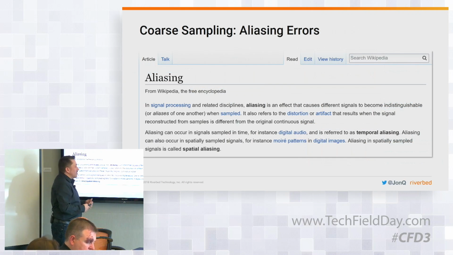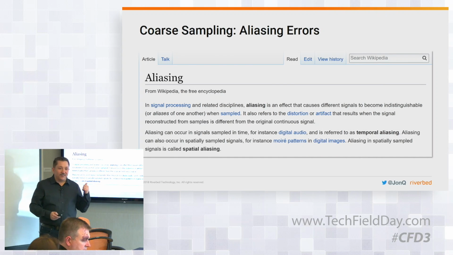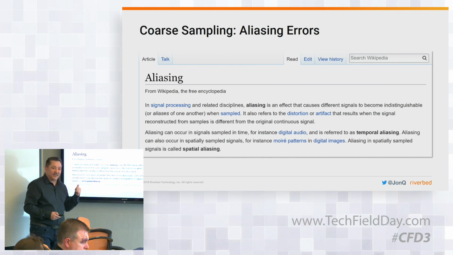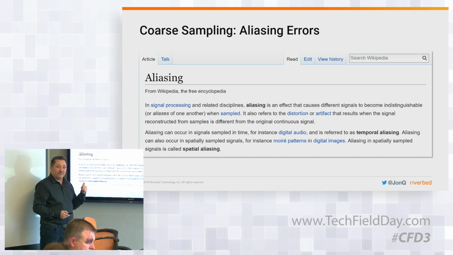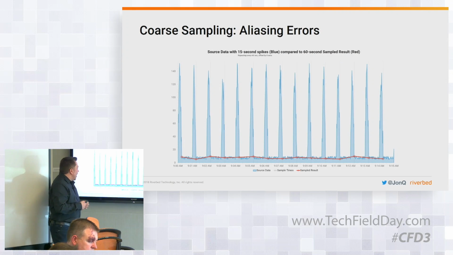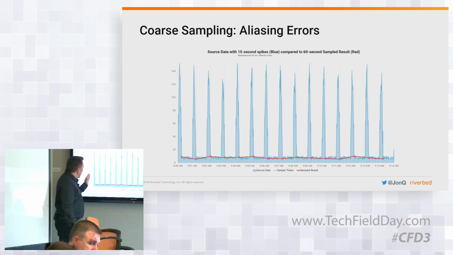Why this is important is that if we dig deeper into digital signal processing, there's a concept of aliasing that happens where you don't sample at the right rate for a given frequency. In the real world, we see scenarios where at the beginning of every minute there's some task that runs, and it takes, say, 15 seconds. Here I'm sampling every 60, and I'm not catching it at all.